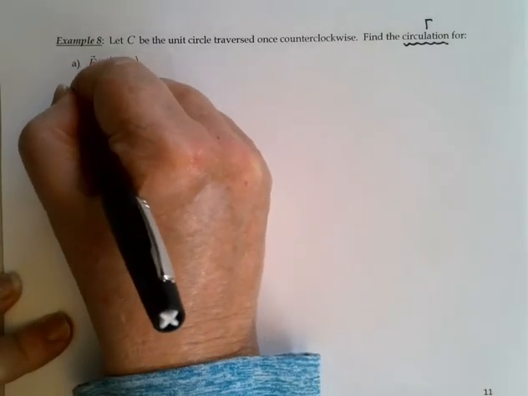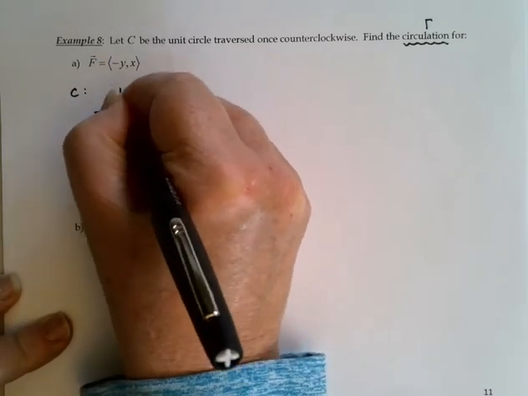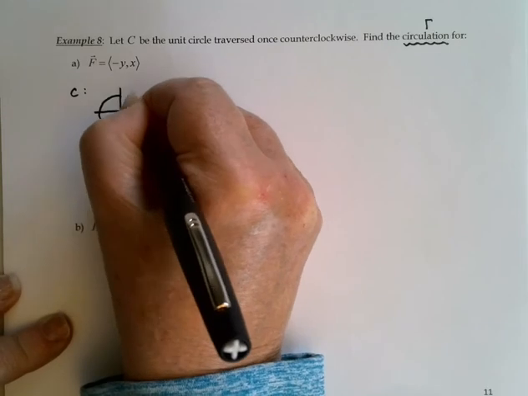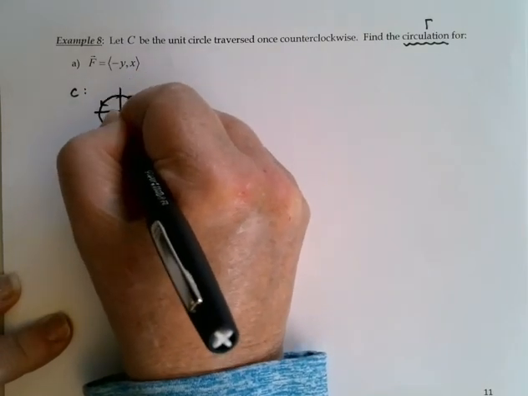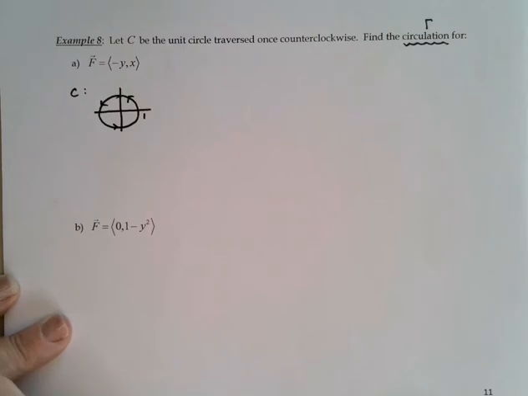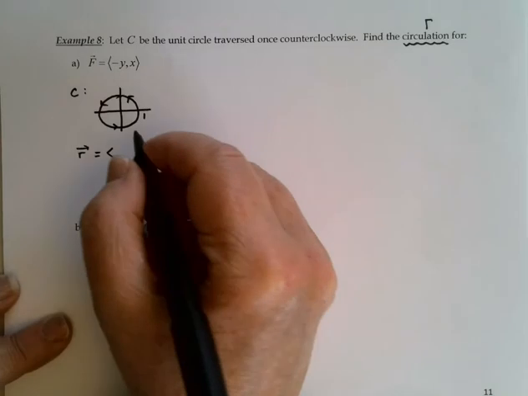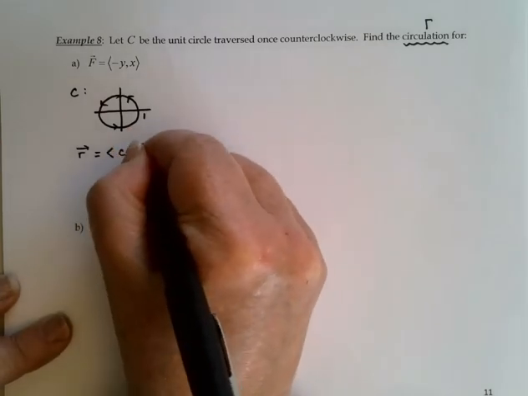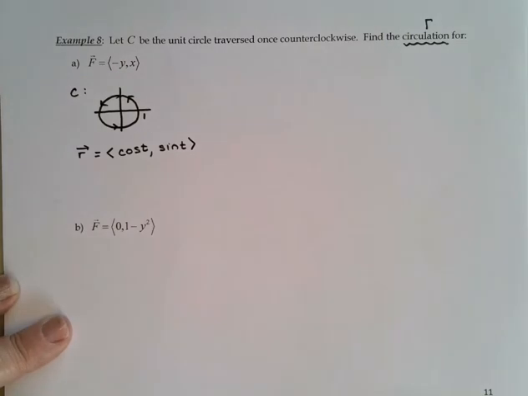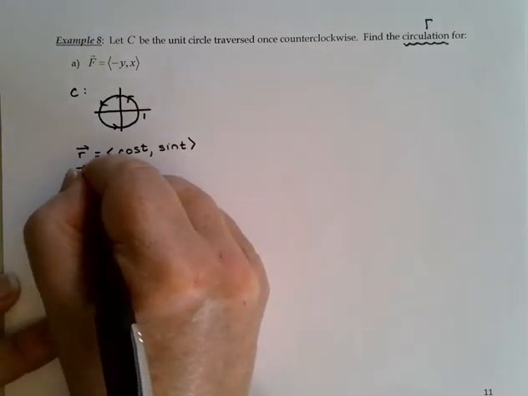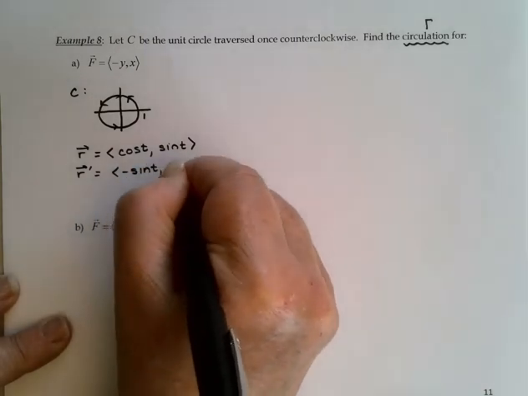So, C is one time around the unit circle, counterclockwise. That means that for r, we can just use 1 cosine t and 1 sine t, meaning r prime will be negative sine t, cosine t.